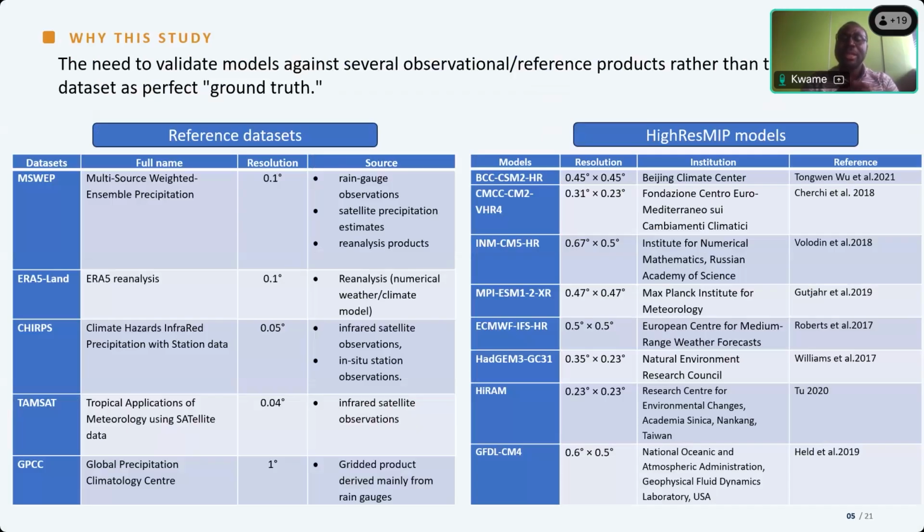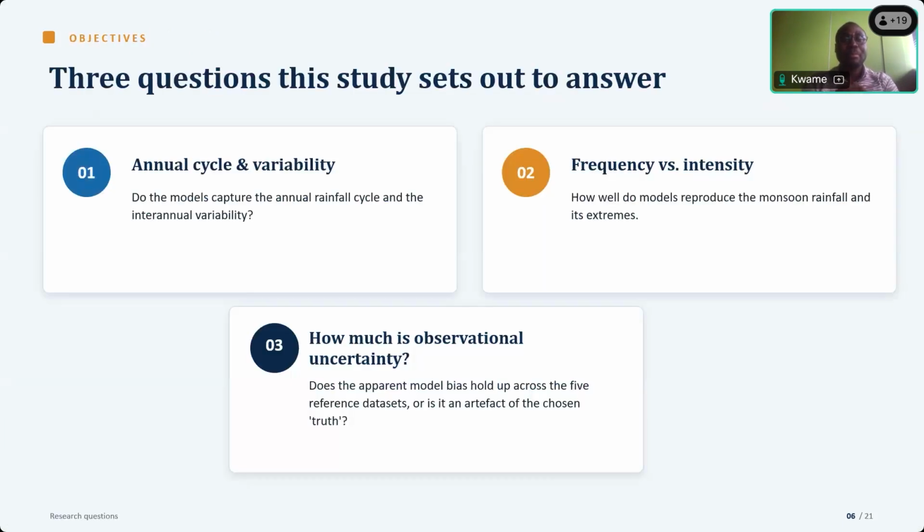However, CHIRPS incorporates some in-situ observations into its data sets, and we have ERA5-Land, which is purely reanalysis. On the right-hand side are the tables of the high-resolution models I was working with. So straightforward, we go to our results.